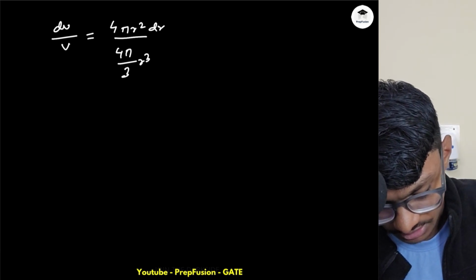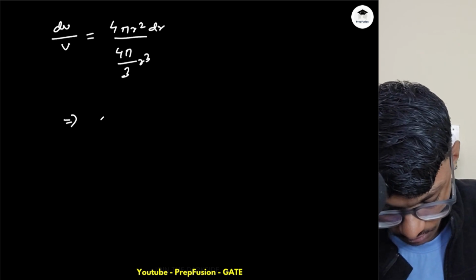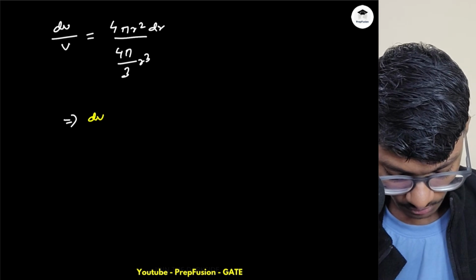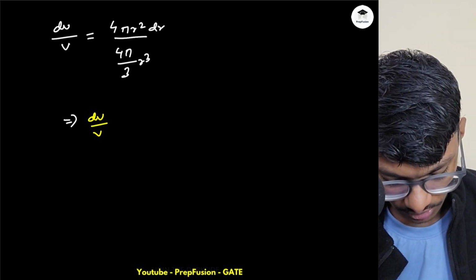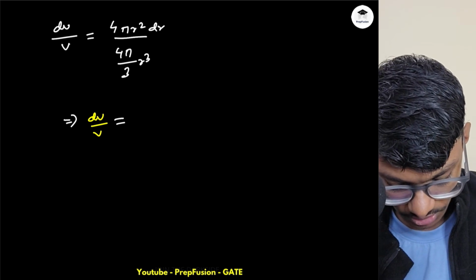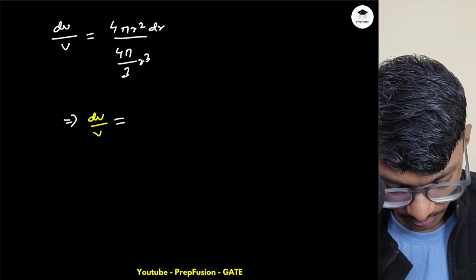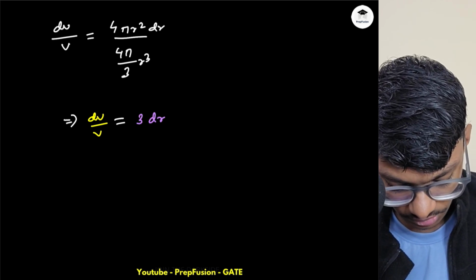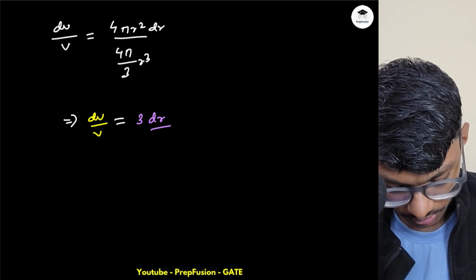So delta v upon v equals this: 4 pi gets cancelled, r square and r cancel, 3 goes above, so 3 delta r upon r.